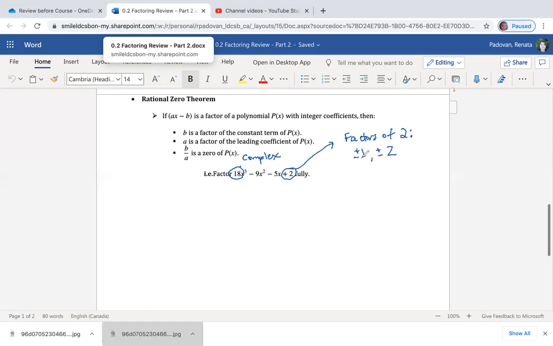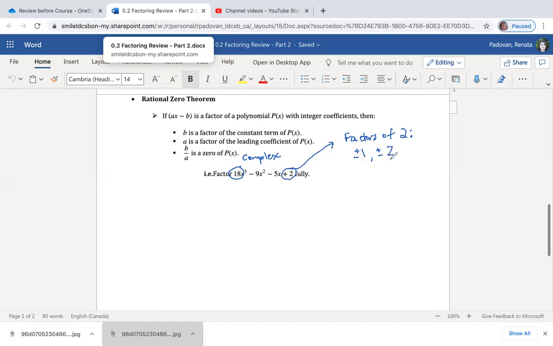But it could be that I sub in p of 1, p of negative 1, p of 2, and p of negative 2. And what am I looking to get? Remember, for the answer to be 0. If I end up getting a 0, then I know that the number that I subbed in is a factor. And then I can go on and solve the rest of the question, factoring the rest.